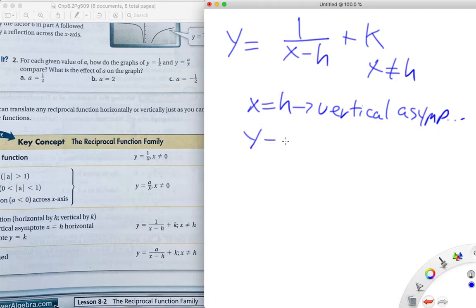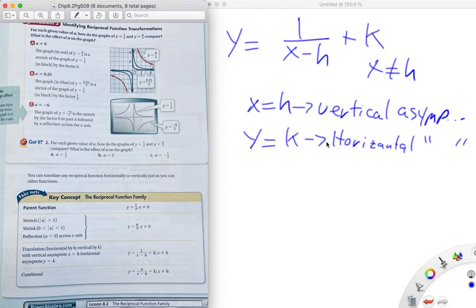When y equals k, that's your horizontal asymptote. x equals h is your vertical asymptote. y equals k is your horizontal asymptote. And remember, that's the part where the graph cannot cross.